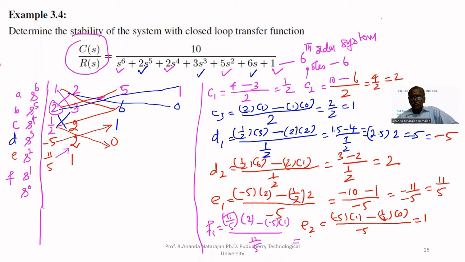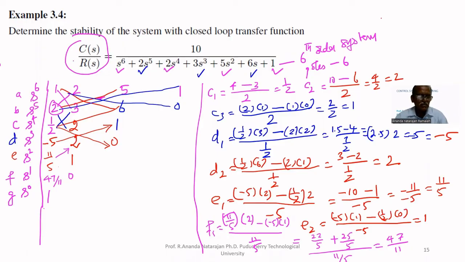That is equal to (22 by 5 plus 25 by 5) divided by 11 by 5, that is equal to 47 divided by 11. Therefore, the next element is 47 divided by 11. For the G element, 47 by 11 multiplied by 1 minus 5 multiplied by 0 gives 1, the same one here. So all elements we found.